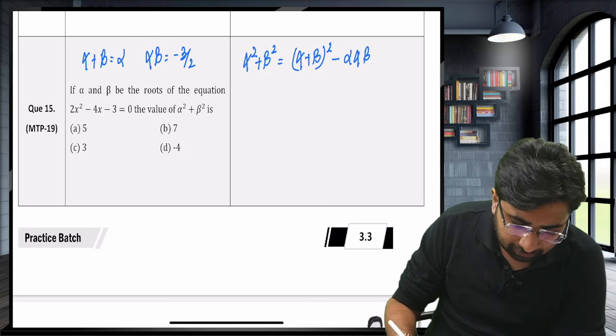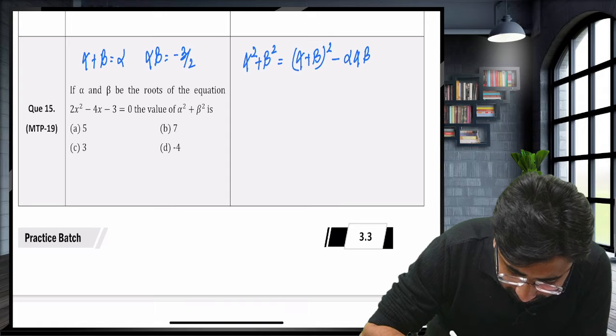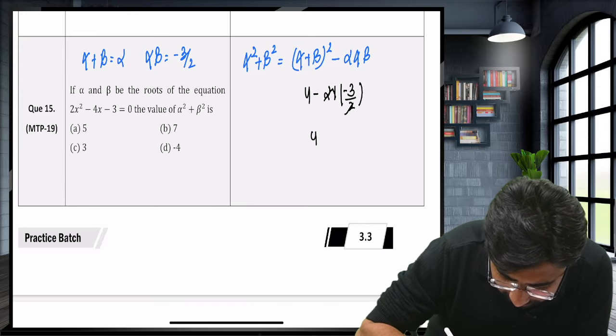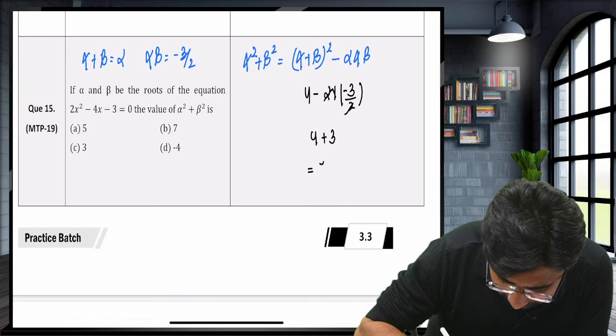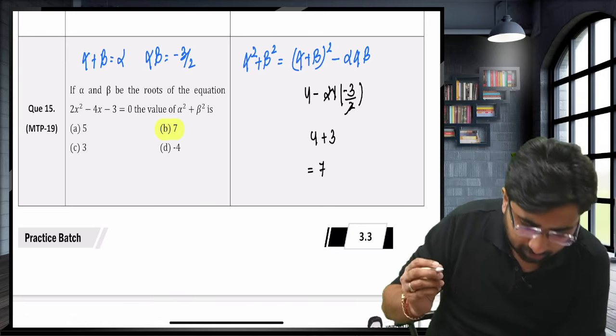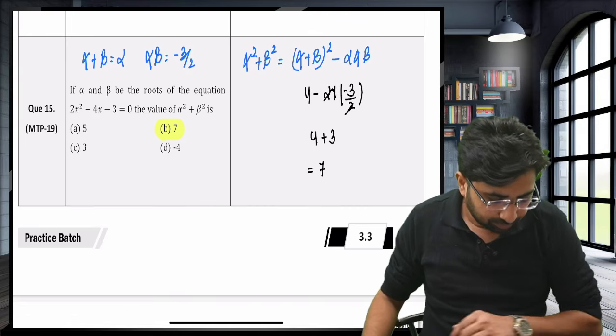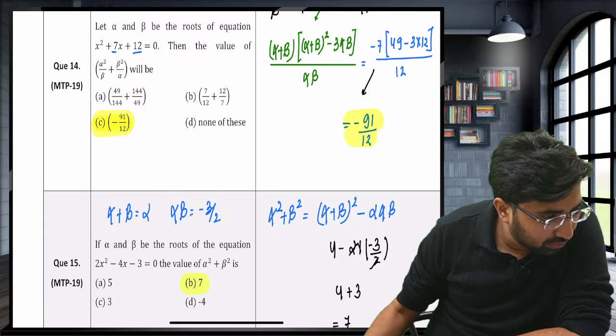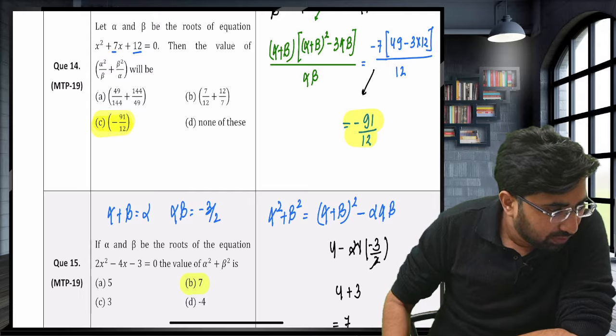So what is alpha plus beta whole square? This is 4 minus 2 times alpha into beta. 2 2 will cancel, minus minus plus, 4 plus 3, 7. Everybody, your option C is the right answer. Sir, for 14, option C. Yes, Nitya Shri, absolutely correct answer.